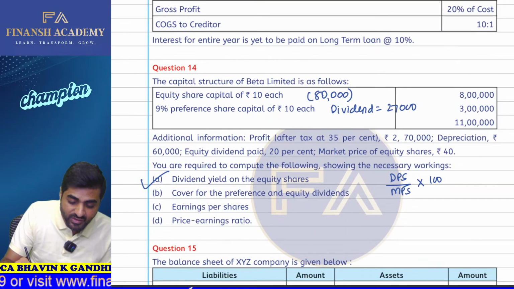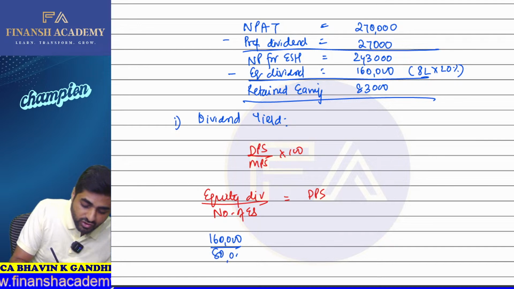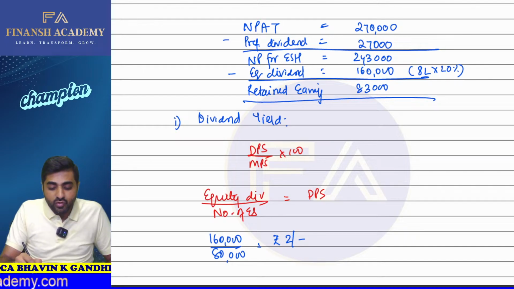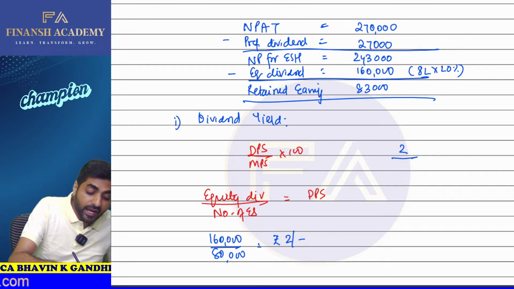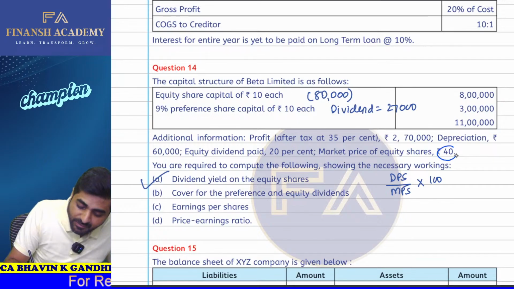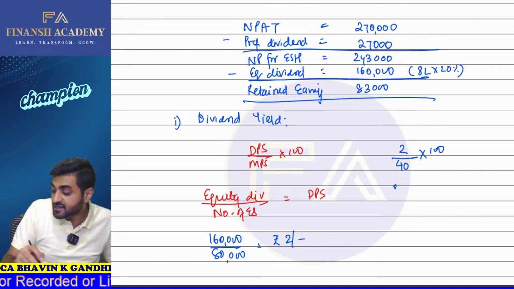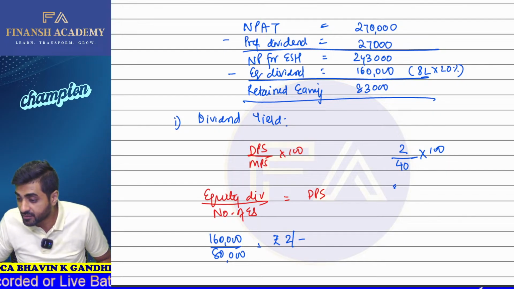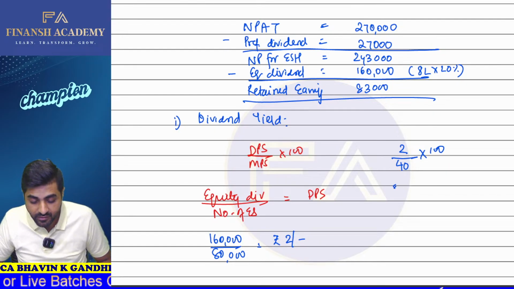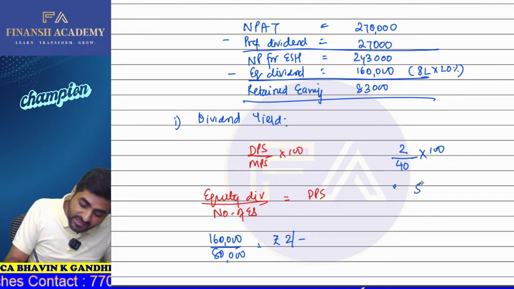The equity dividend is 1,60,000 and the number of equity shares is 80,000, so the dividend per share will be rupees 2. And the market price per share is 40. So divide 2 by 40 into 100, and that will be 5%.